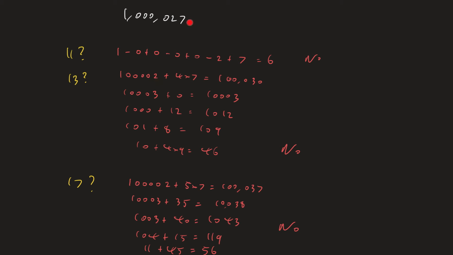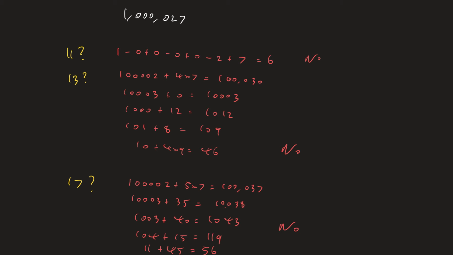We multiply the last digit by 4, we add, we get this number, we repeat the process. We ultimately end up with the number 46. Since 13 does not go into 46, 13 also does not go into our original number, so that's a no again. Same thing for testing by 17, except this time we add 5 times the last digit.